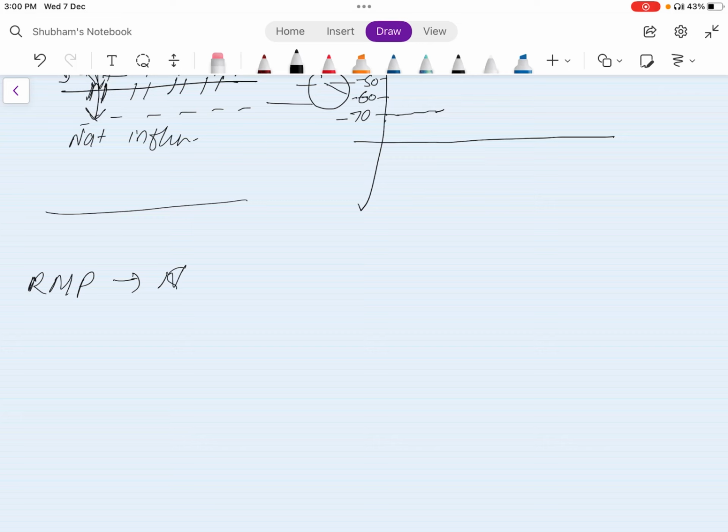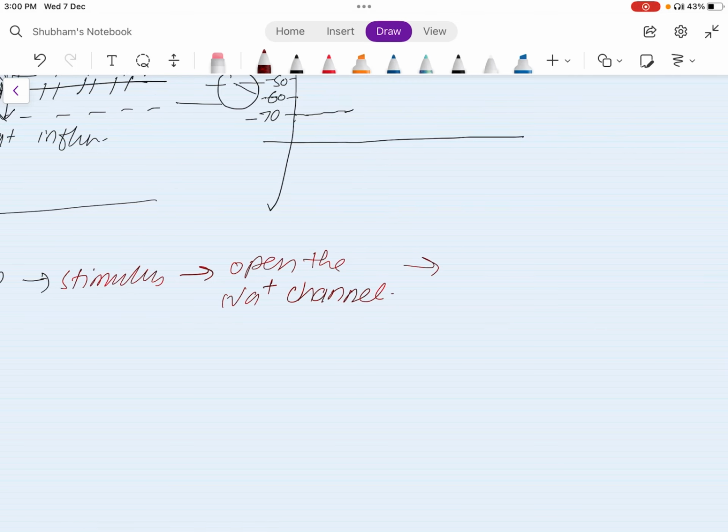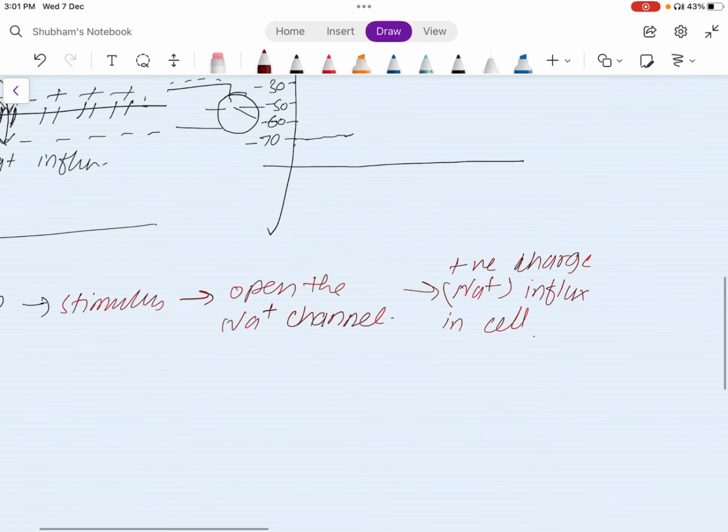Then what happened? We had a little stimulus. What does the stimulus do? Opens the sodium channel. Now things change. Positive charge, which is actually sodium, influx. Influx means moving inside the cell. So what happens?